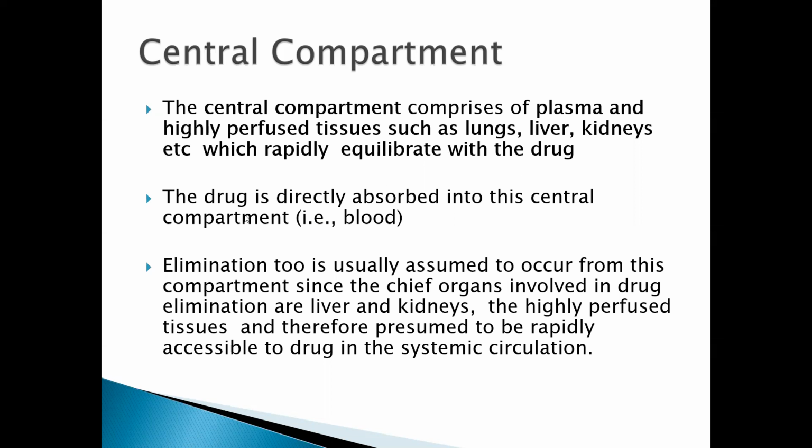We also know that when you administer the drug, it is absorbed and goes into the blood, and then it is distributed to the other organs or tissues, and naturally after that it is eliminated by the main organs like the liver and kidneys. There are also other routes like skin and sweat through which the drug is eliminated, but the main organs of elimination are the liver and the kidneys. So we are assuming that the drug enters the central compartment and is also eliminated from the central compartment. This is the general assumption, though there are also other situations.